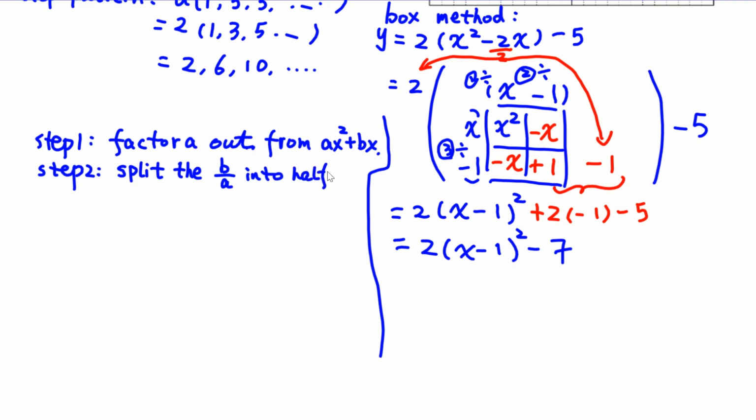Then step 3, we add this, the b over a squared. Then remember you need to minus that. Add it and also minus it.